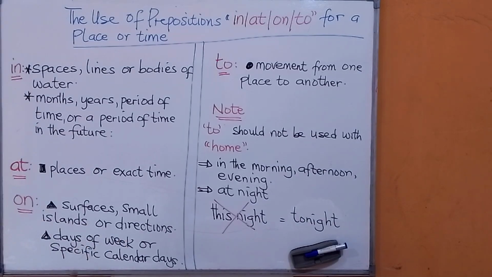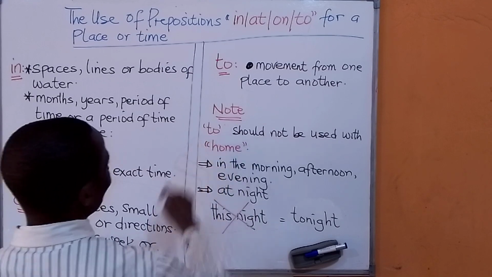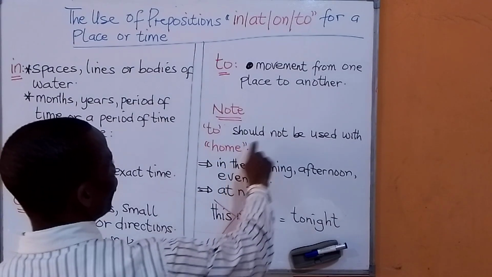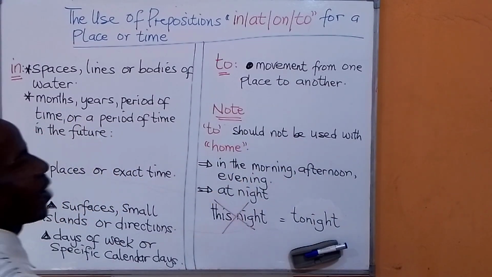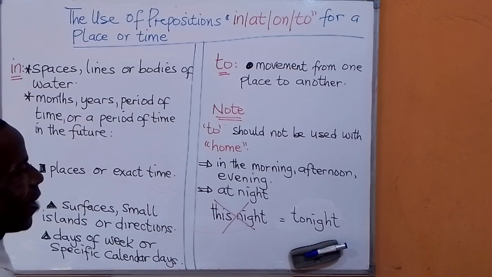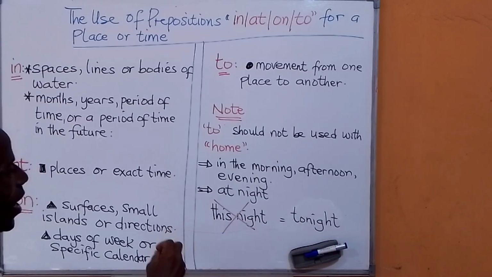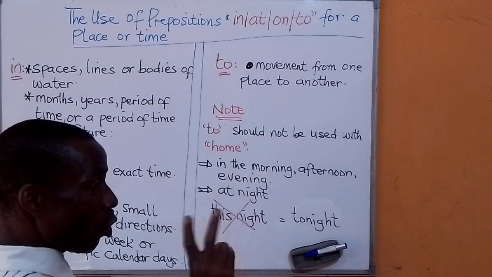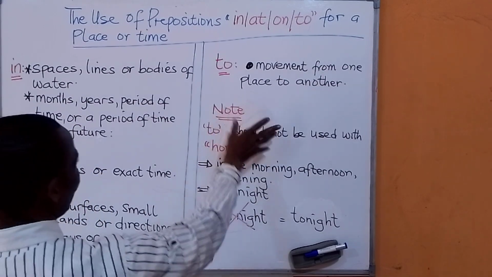However, note, we do not use to when you are talking about home. Do not say, I want to go to the home. No, you just say, I want to go home. Don't say, I want to go to the home, or I want to go to home. No, say, I want to go home.